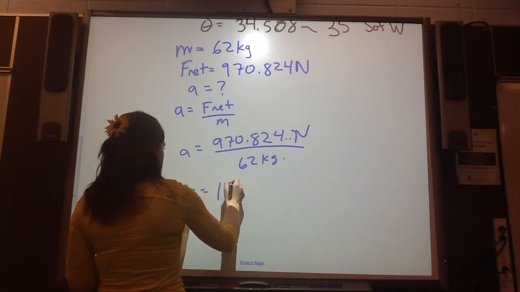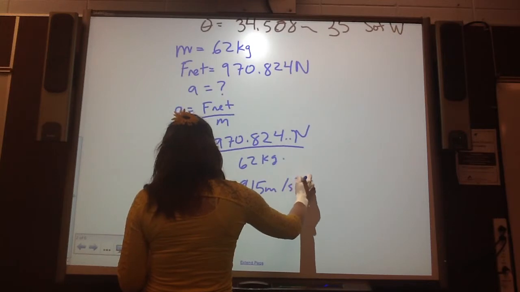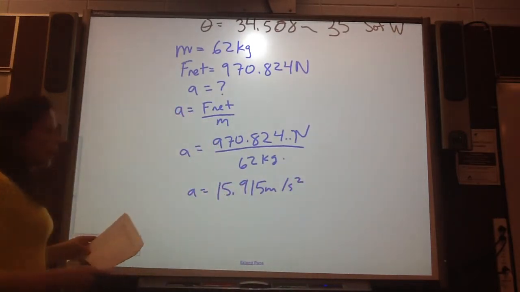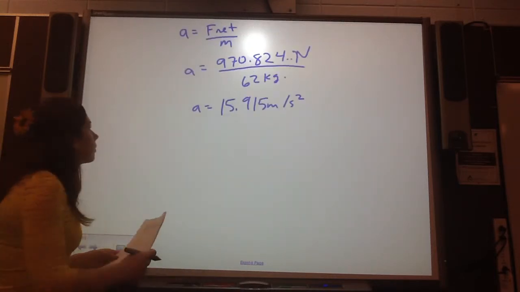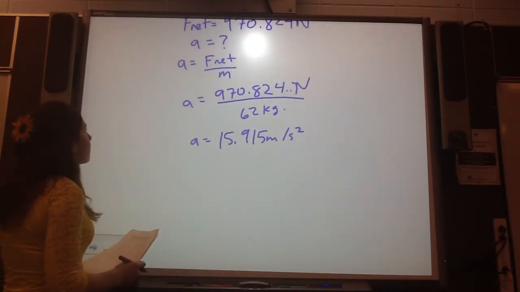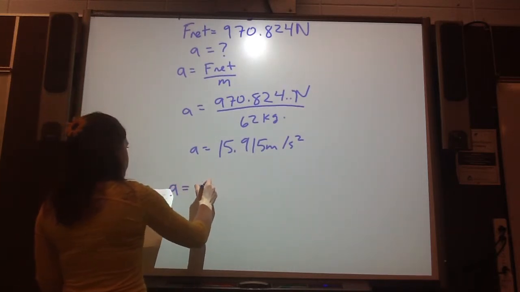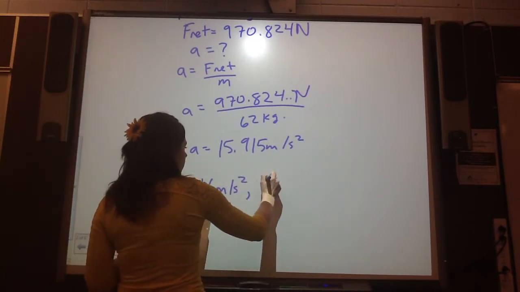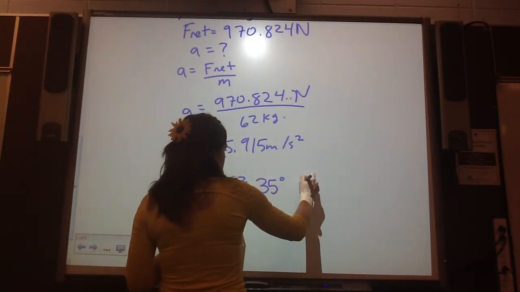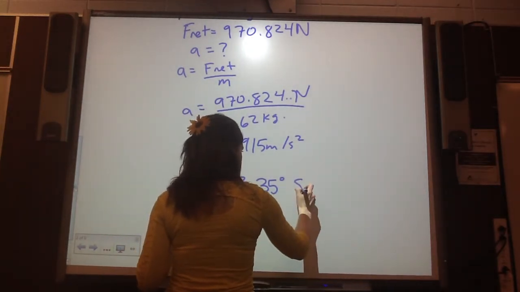So A is 15.915 meters per second squared. So now I can put that into sig digs and add my direction, because I need direction for my acceleration. So my final answer is 16 meters per second squared, comma, 35 degrees south of west.